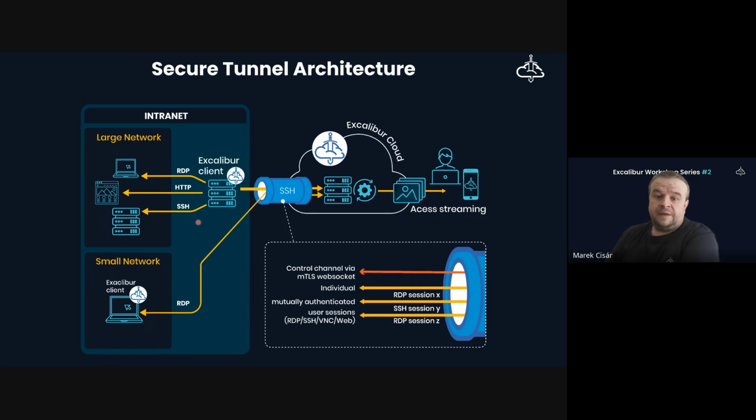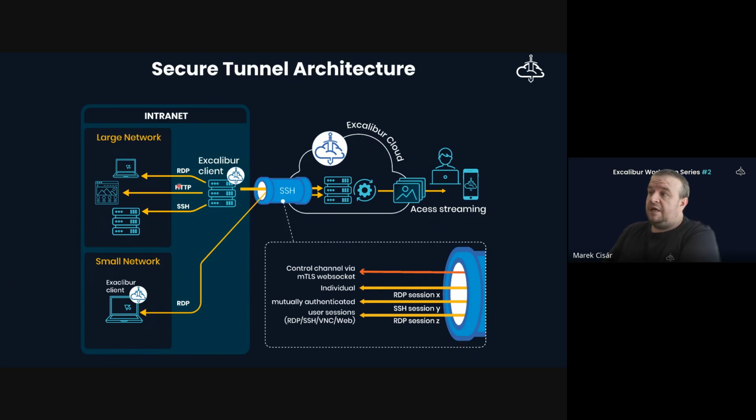And we can talk about the entire network or network segments or specified subnets, depending on the exact deployment scenario. So that means we can have single tunneling client deployed, or we can have multiple of them deployed and used by the Excalibur ecosystem.